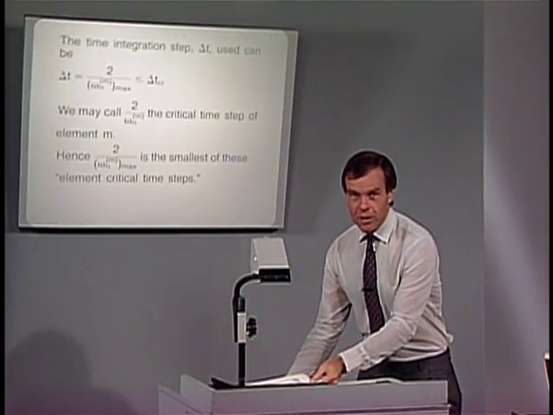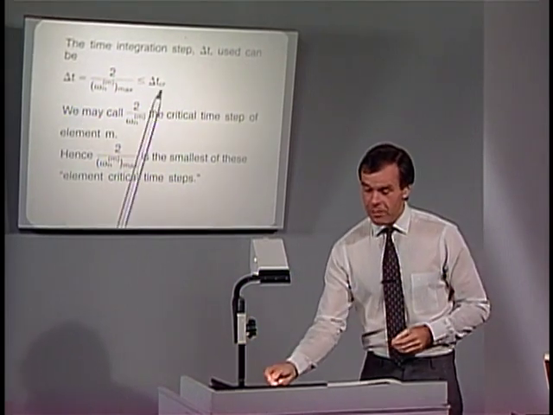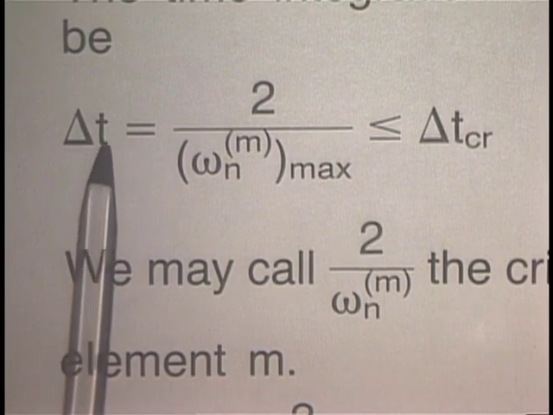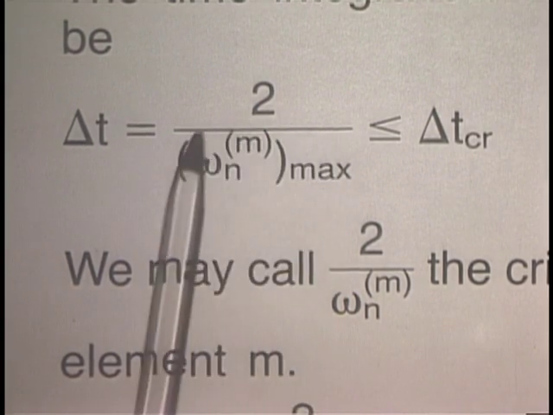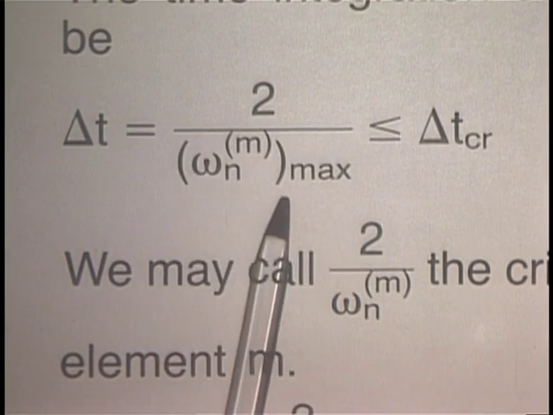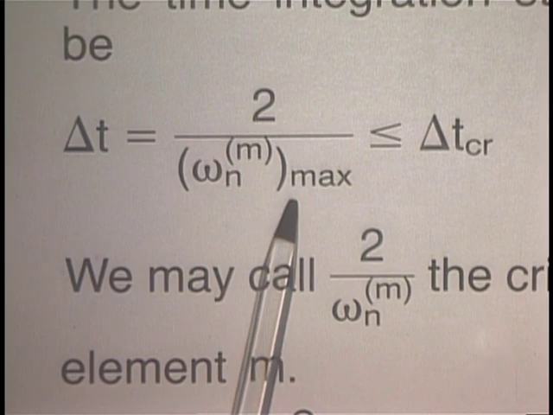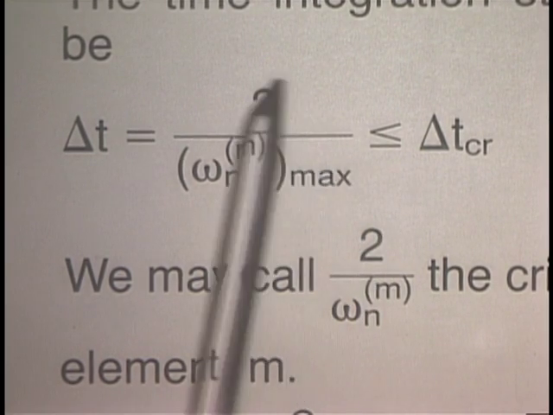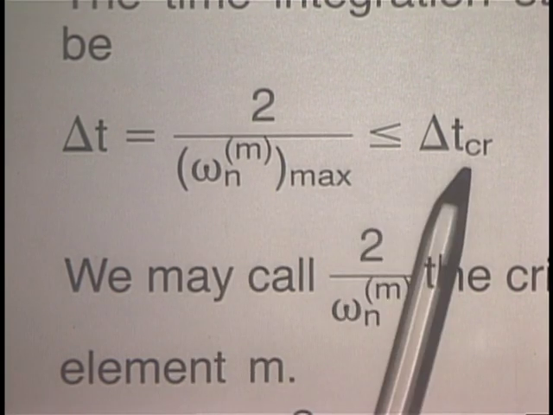The time integration step that we can actually use then is given via this equation. We can use delta t equal to 2 over omega nm maximum, the maximum radian per second frequency that we have for any one of the elements in the complete mesh, because that expression is smaller or equal than the critical time step.